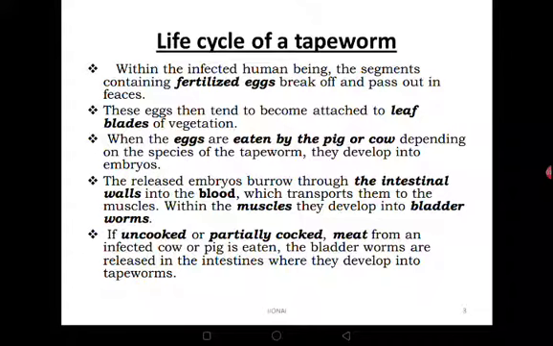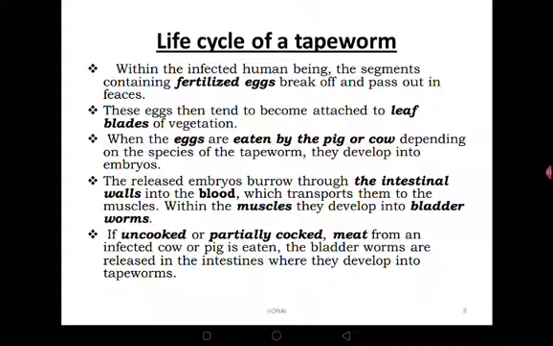Those are the mature segments, or the eggs of the tapeworm. So as you pass it there, in the leaves or in the bush, the eggs attach themselves there.